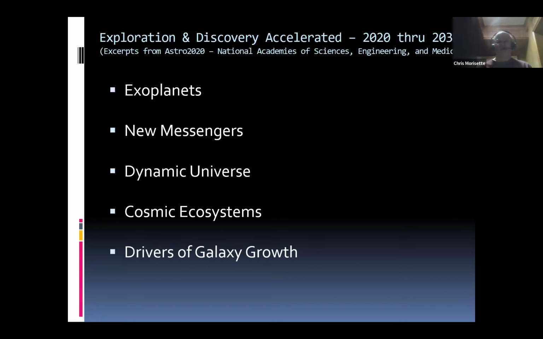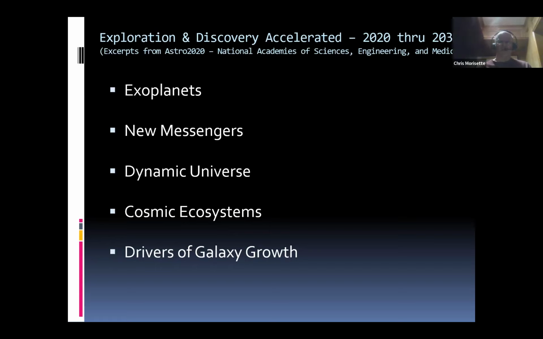With respect to the dynamic universe, they're looking for big events like two black holes merging, supernovas, things like that, using ground-based telescopes to gather light on those events. And then there's also work to develop a next generation of radio telescope to detect things like relativistic jets that are produced by neutron stars and black holes.